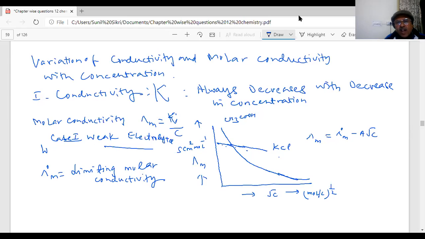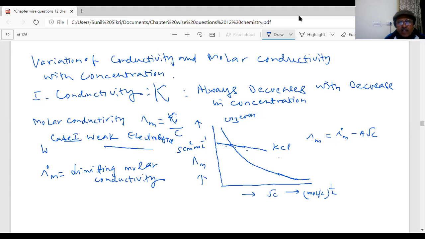But lambda 0 m cannot be determined for weak electrolytes, as you can see in the graph. It will not meet the axis; it will meet only at infinity. Therefore, you can see the difference between strong and weak electrolytes, students. There will be questions on this which you have to answer in the paper. Very important, students.